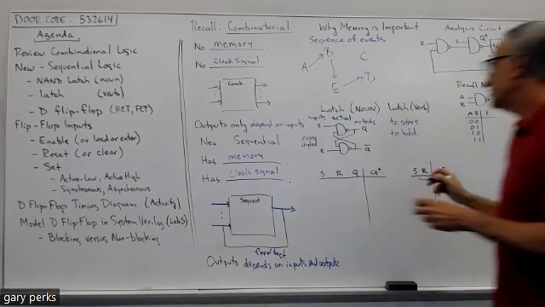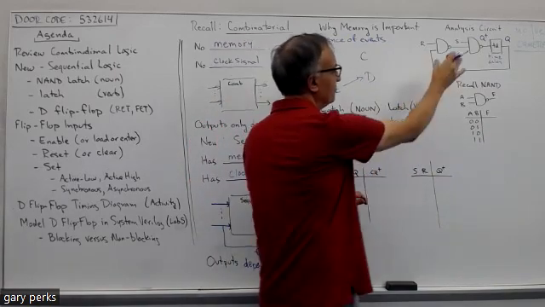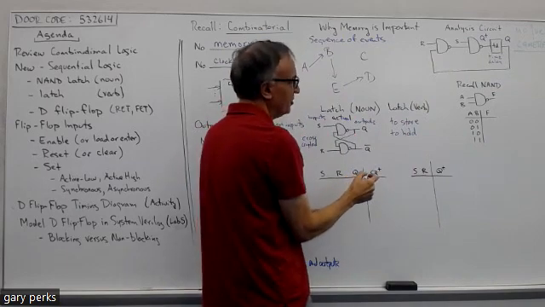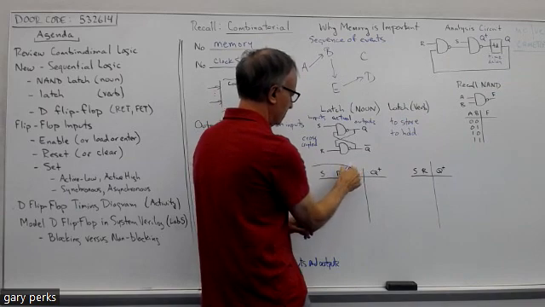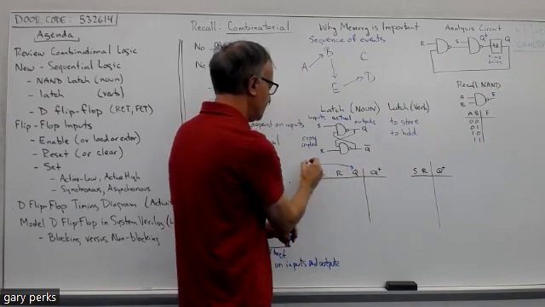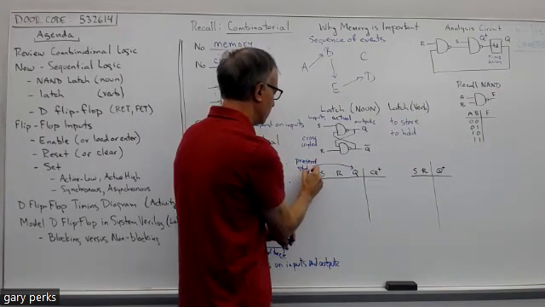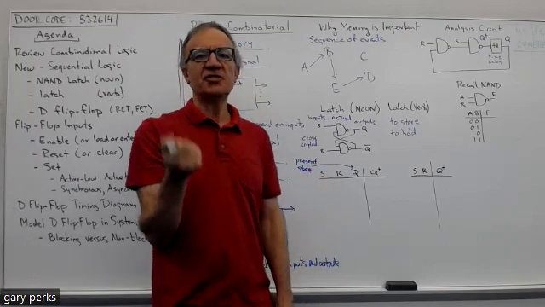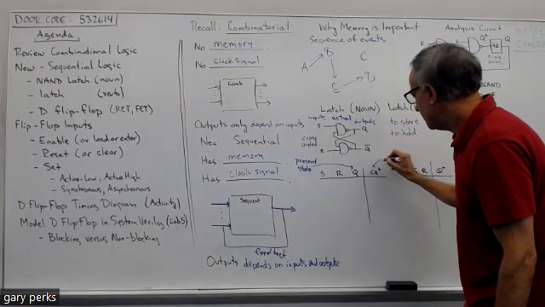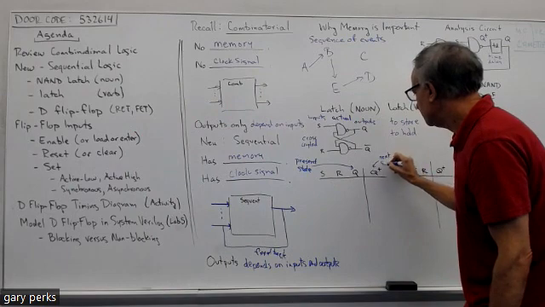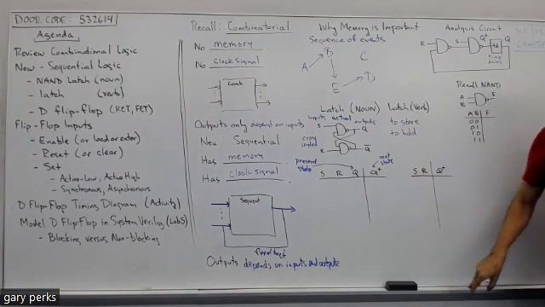Everywhere you see a Q in the truth tables and that diagram, the Q stands for present state, the present value of the output Q. Q plus is the next state of Q. So Q is the present state, and Q plus stands for next state.